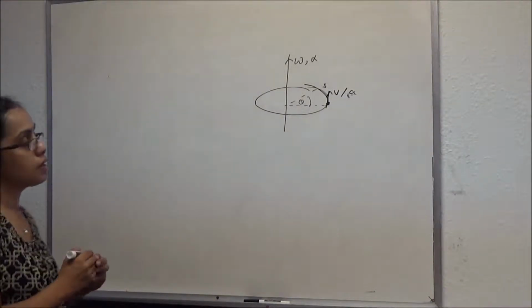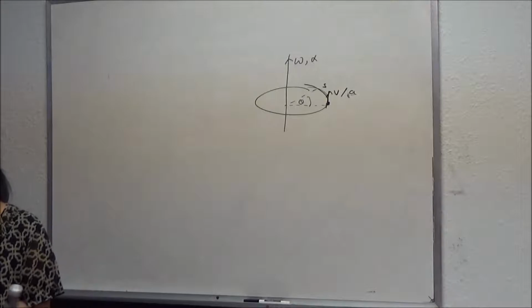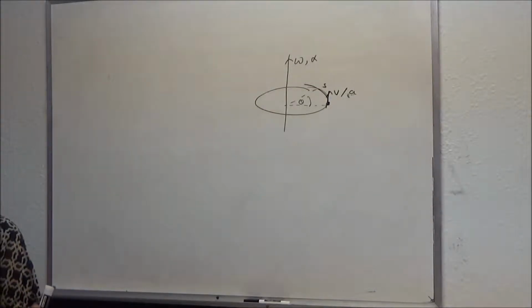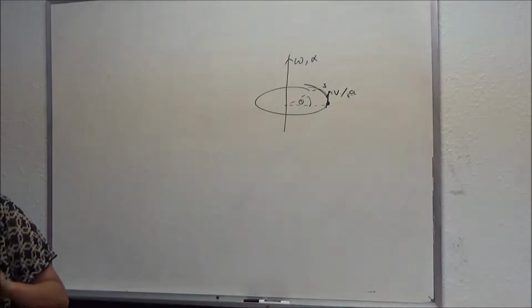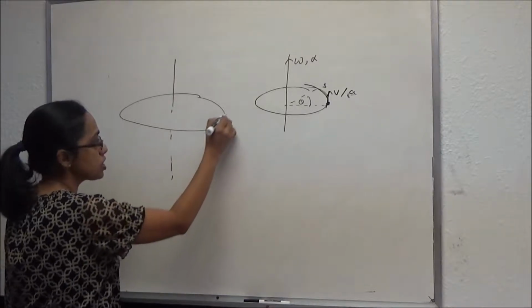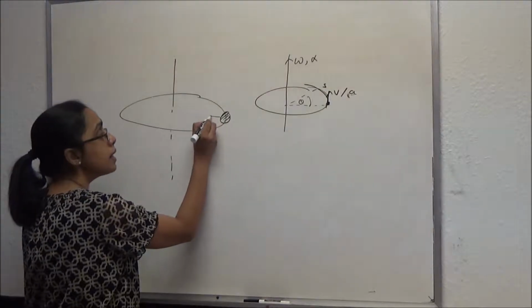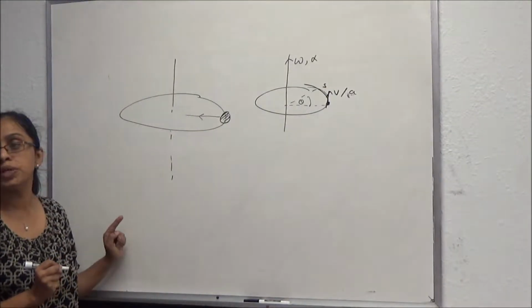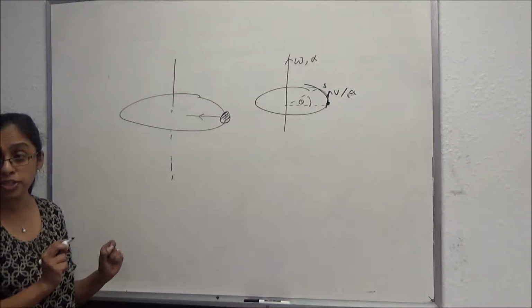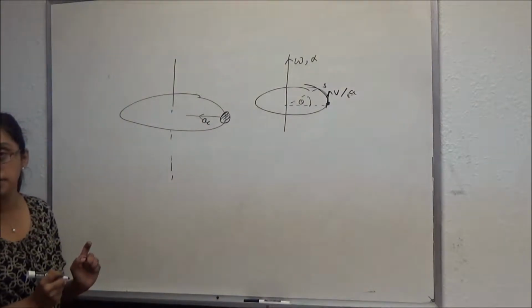To show how you get the radial acceleration is a very complicated scenario, so I'm not going to do that. All I want you to know is that any object moving on a circular path has an acceleration towards the center, and that is known as centripetal acceleration.